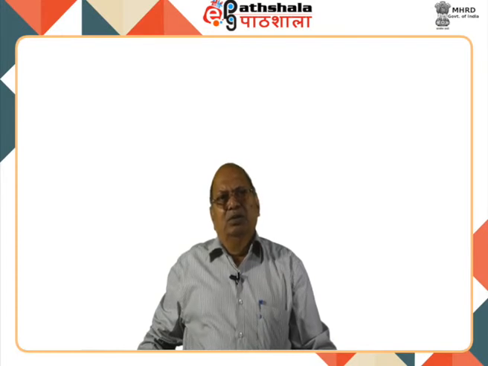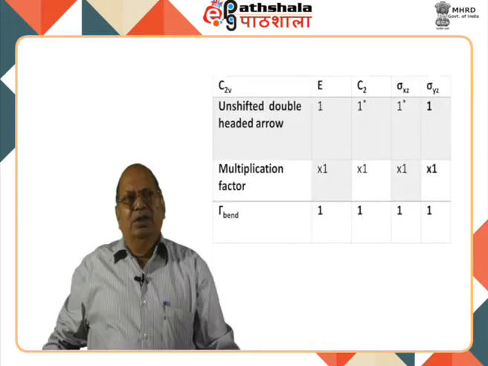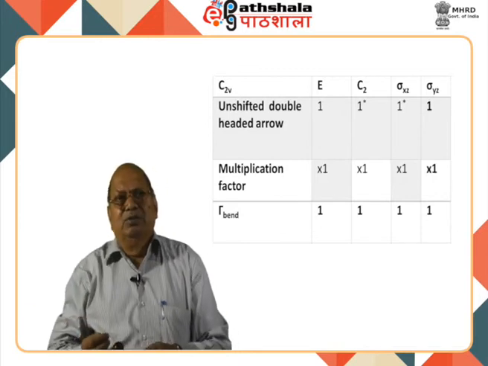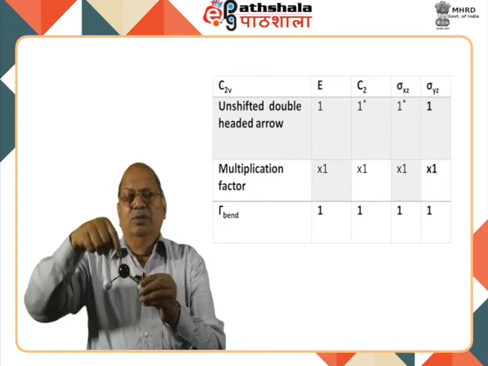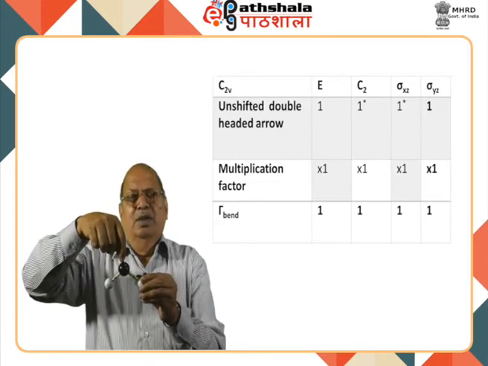Now, how does this double-headed arrow behave? Let us examine. Under E, this double-headed arrow remains as such, so it is a plus 1 effect. Now, this is my C2 axis. What happens?